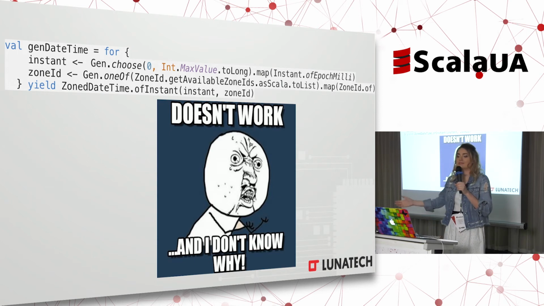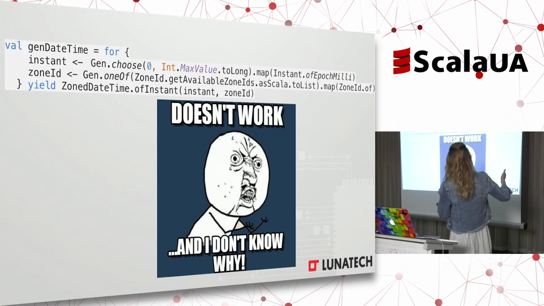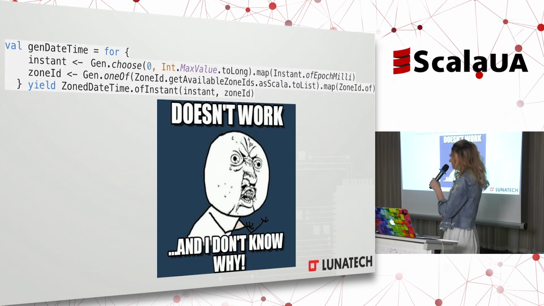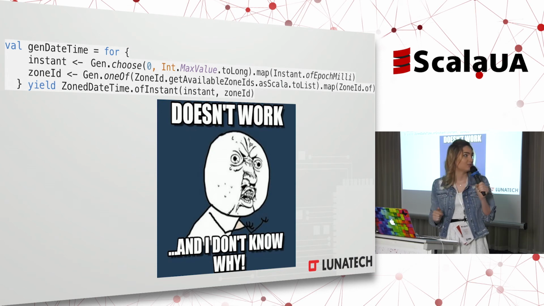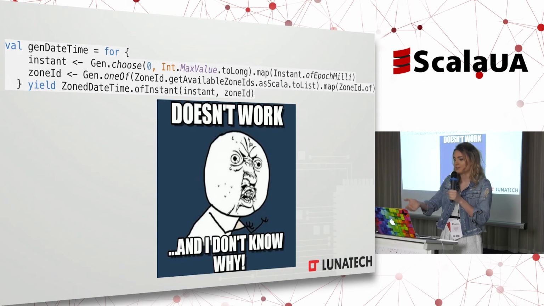Like, why would it happen? What could possibly go wrong here? And fortunately, with ScalaCheck, you can see which exact value caused your test to fail. So I was just looking at the values, and they looked perfectly fine to me.